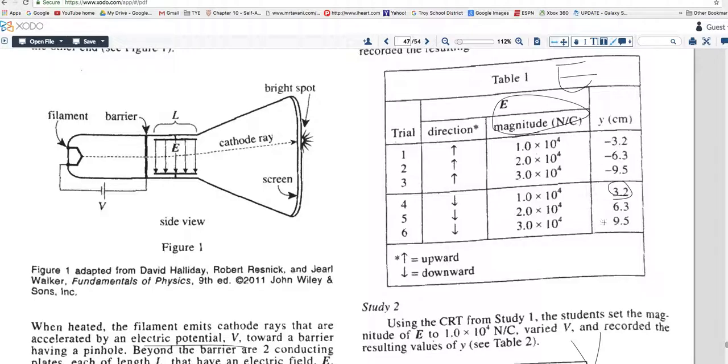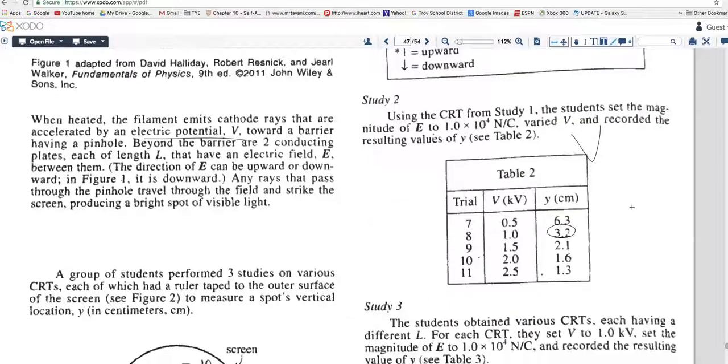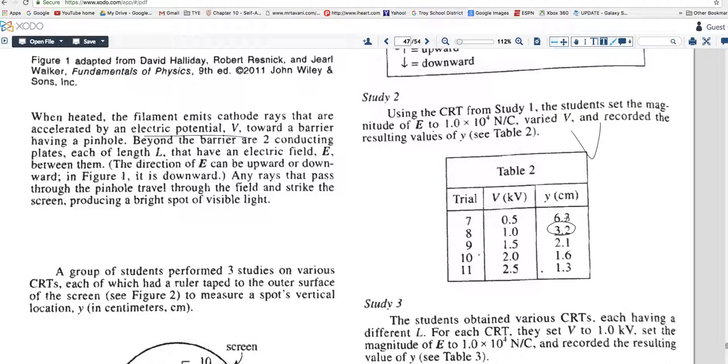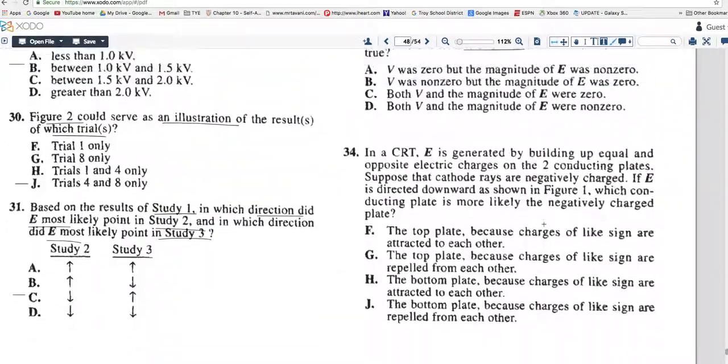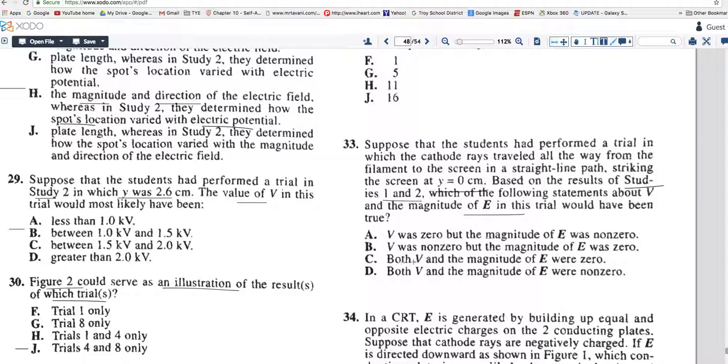If I want my y to be 0, I need my magnitude to be 0. However, notice how this is getting smaller as my v is increasing. So I want a super high v to get as close to 0 as possible. So I want a high v, but my e to be 0. So I need my v to be non-zero, but my magnitude of e to be 0. So the answer is B. Everyone get that? Yeah. All right, 34.